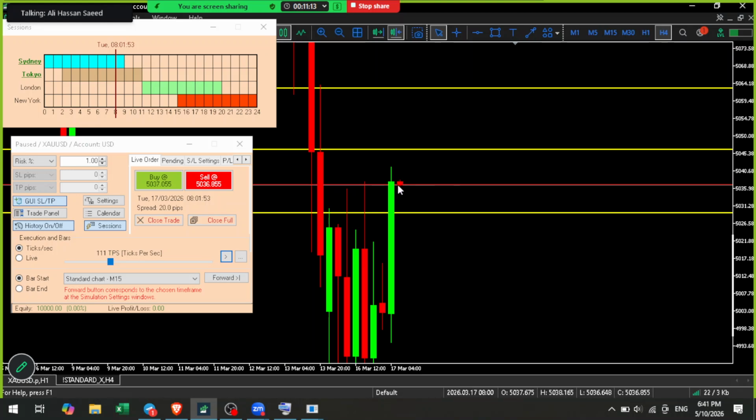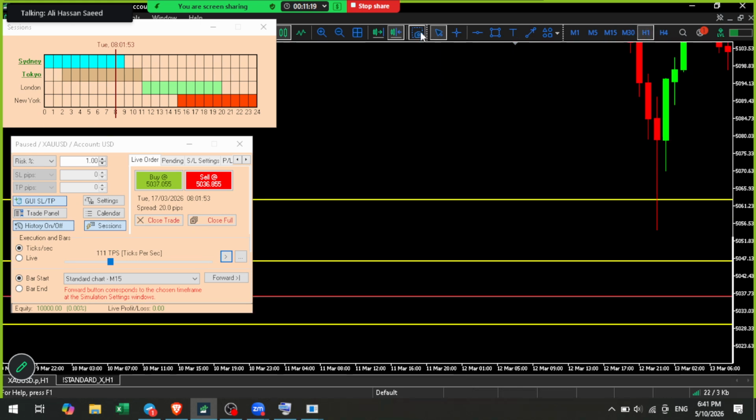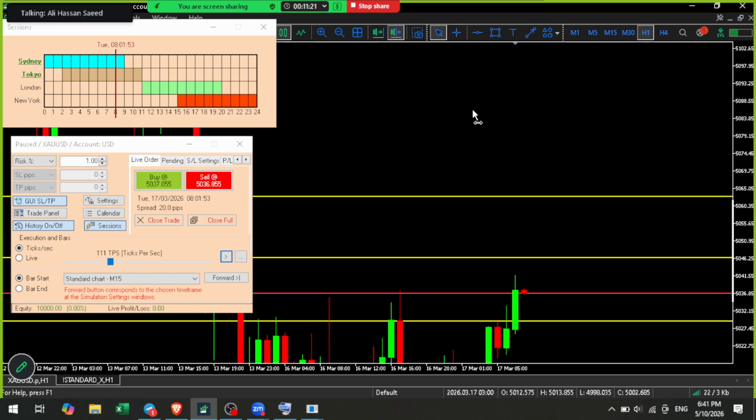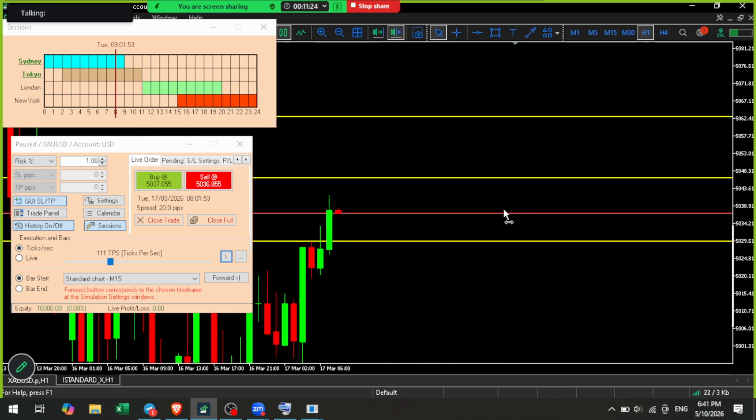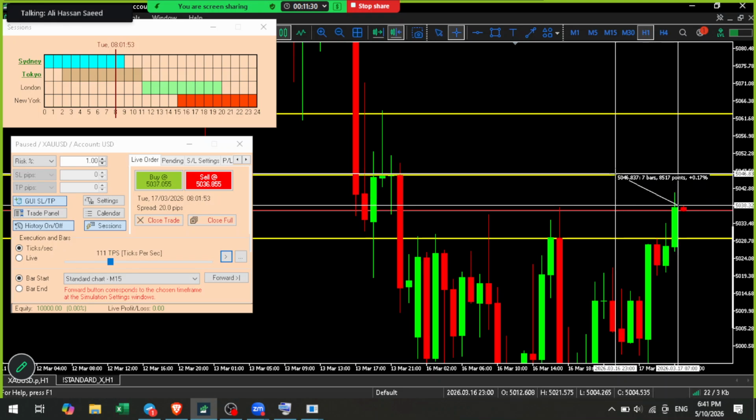We can see a wick down and hope for a support. On the 1 hour, do we have anything? Candle closed in this area. We don't have that much. 850. What is this?